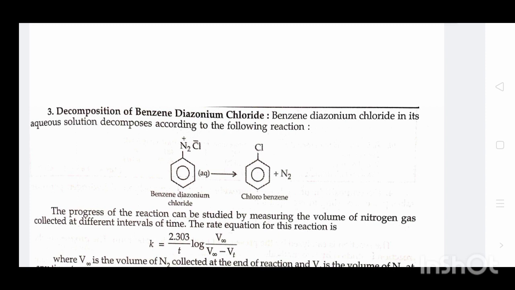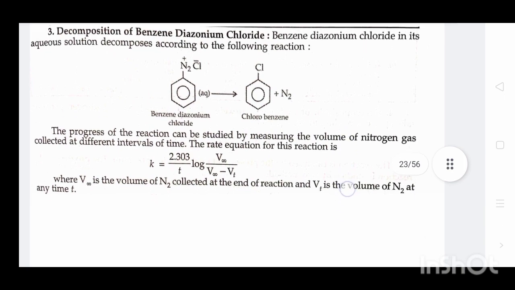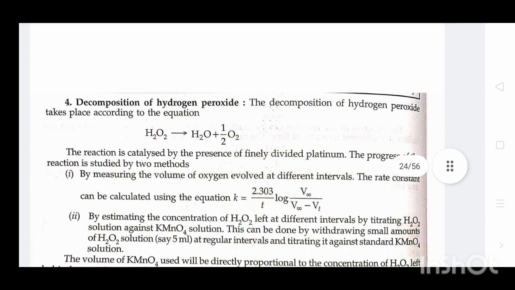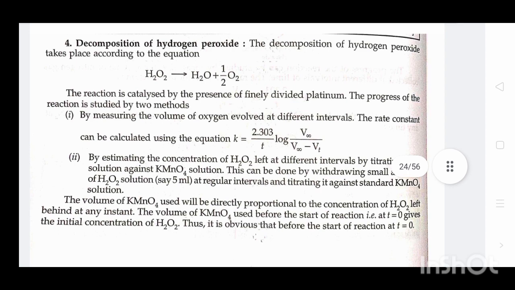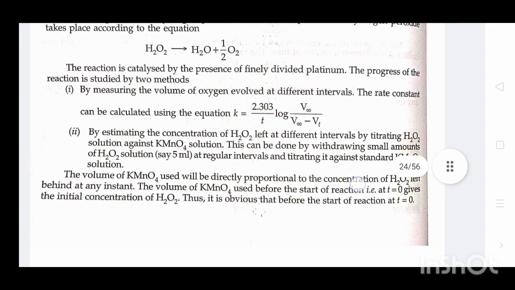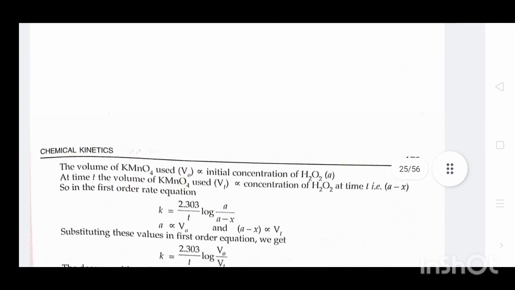Benzene diazonium chloride in its aqueous solution decomposes according to the following reaction. Next is decomposition of hydrogen peroxide. The decomposition of hydrogen peroxide takes place according to the equation H2O2 gives H2O plus half O2.